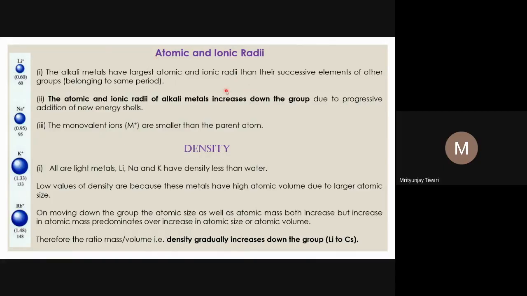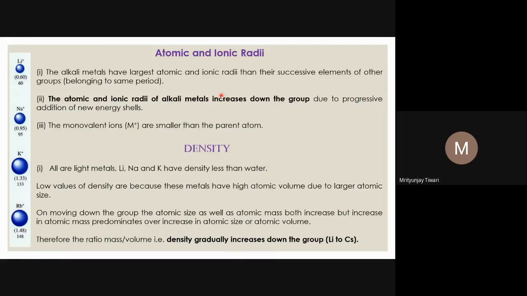Now coming to the atomic and ionic radii of alkali metals. The alkali metals have the largest atomic and ionic radii compared to their successive elements of other groups. When you look at a particular period, the first member will be an alkali metal, and then there are many other elements in that period, all belonging to different groups.